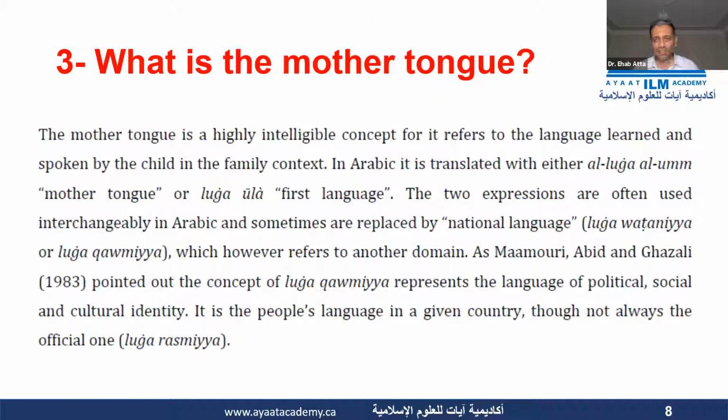In Arabic, it is translated as either اللغة الأم, mother tongue, or اللغة الأولى, first language. The two expressions are often used interchangeably in Arabic and sometimes are replaced by national language, لغة وطنية, or لغة قومية, which, however, refers to another domain.